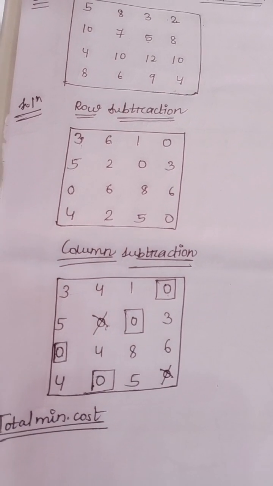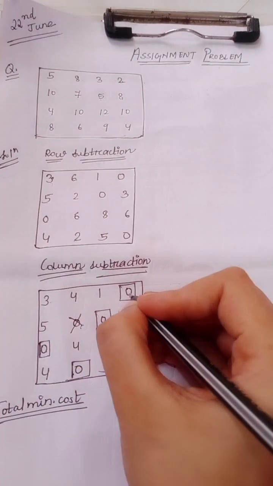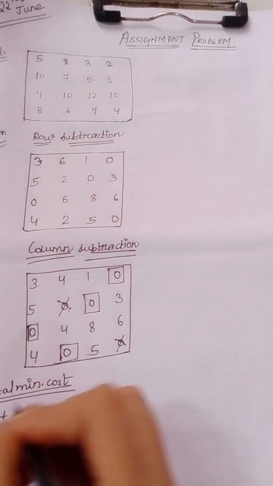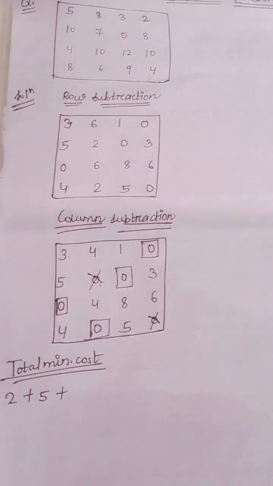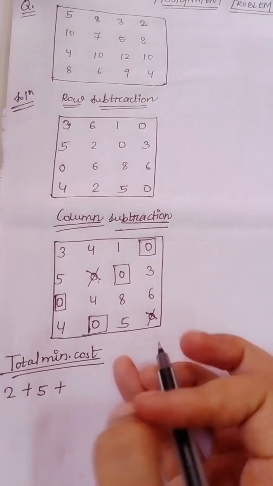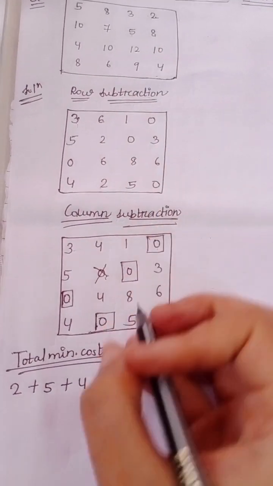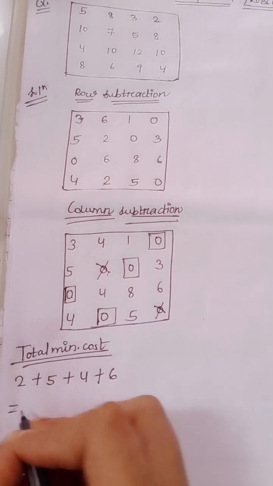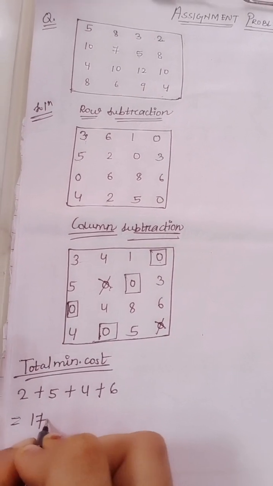The values are given in the question. So write total minimum cost here. So 2 plus this 0 means 5 plus this 0 4 plus this 0, 6. So the total minimum cost is 2 plus 5 plus 4 plus 6 is 17.